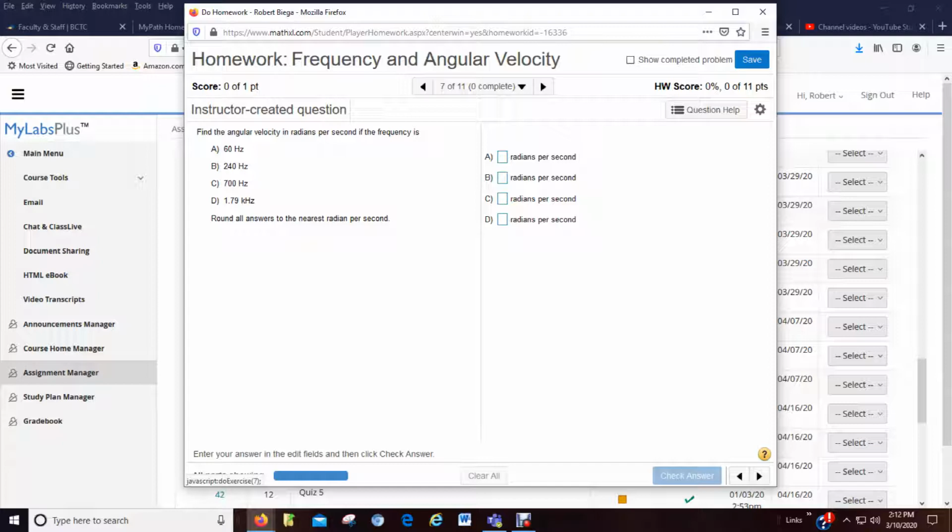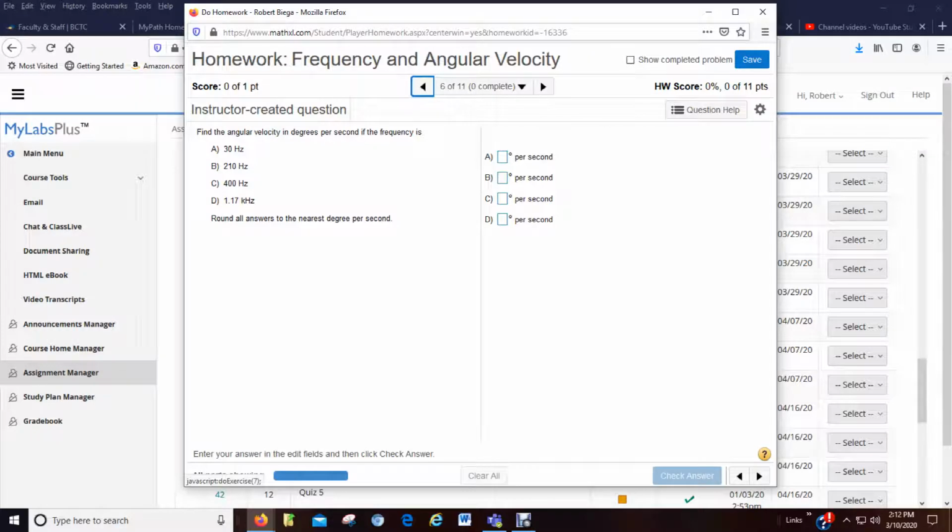So basically, to get the answers for this problem, you're taking 60 times 2 times pi. And same thing for the rest of them. If it's degrees, you're taking 30 times 360. So I'm wondering what's going on, because too many people miss these. These should not be that difficult.